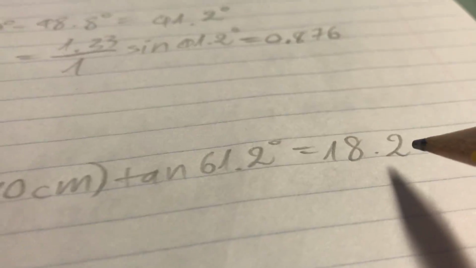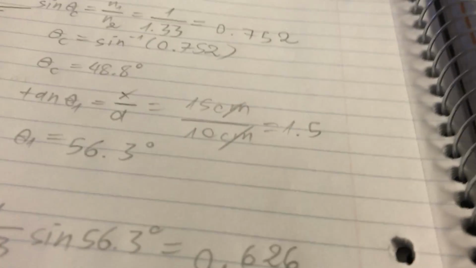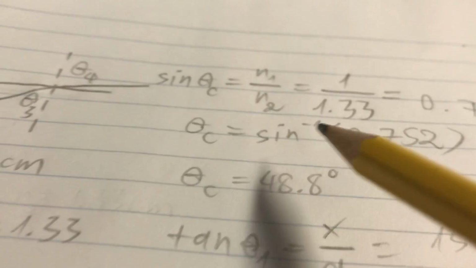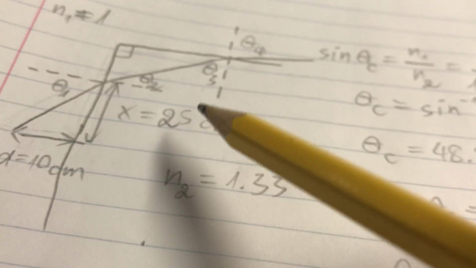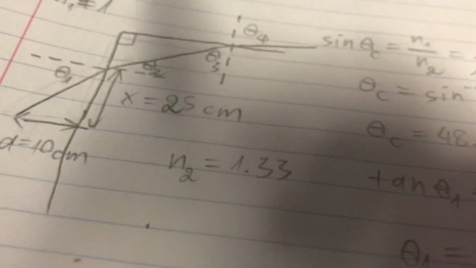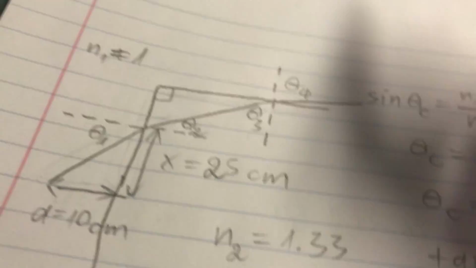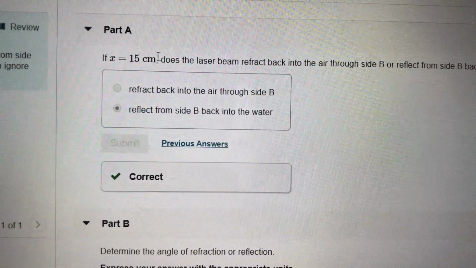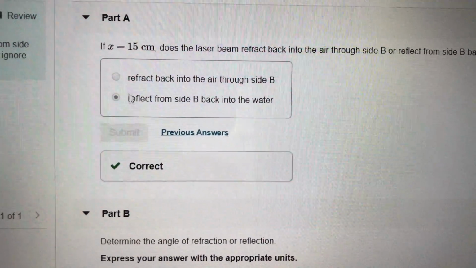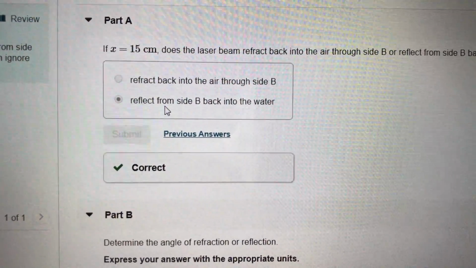And that actually makes sense because 18.2 is larger than 15, but it is smaller than 25 centimeters. 25 centimeters is from the first part, part A. In part A, we know that when x is 15 centimeters, the light is reflected back into the water.